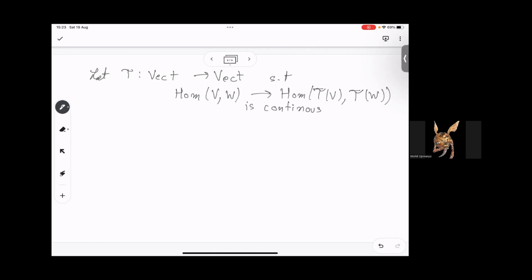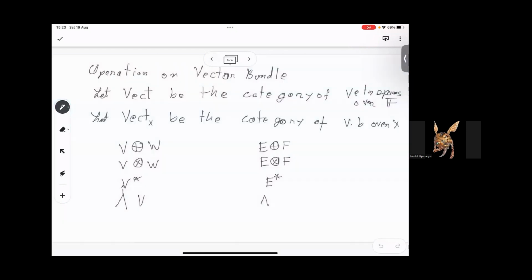Remember, the fields we have fixed to be real or complex numbers. So as a consequence, we want these Hom themselves, also I should add, we will be working over finite dimensional vector spaces.